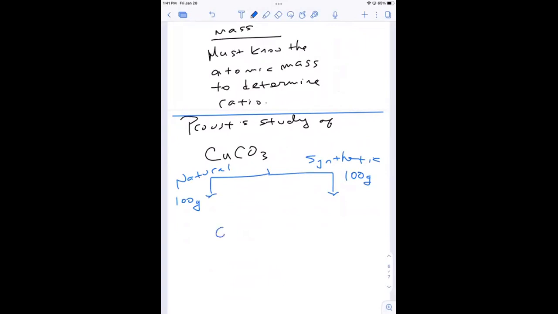And what he found was that the ratio of copper, carbon, and oxygen was always 51.35%, 9.74%, and 38.91%.